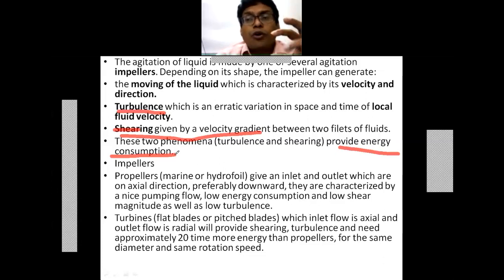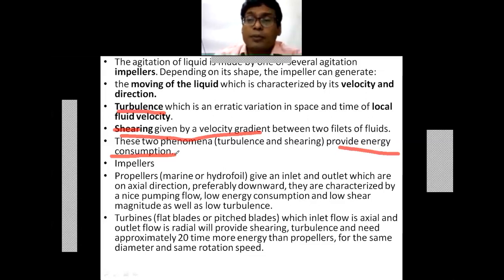The energy consumed or wasted in turbulence or shearing is going to increase the fluid temperature. So extra energy should not be consumed on turbulence or shearing, but the basic purpose of distribution or attaining uniform concentration should be served.